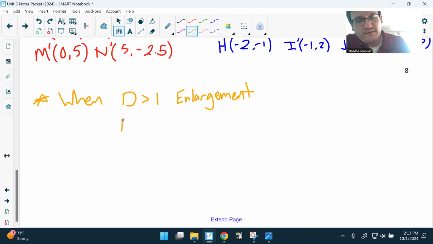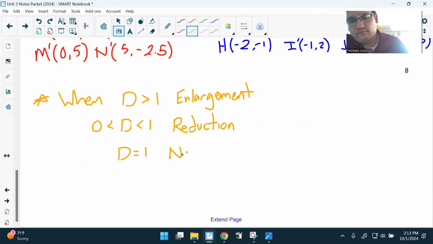If the dilation is less than 1, but bigger than 0, so our scale factors need to be positive, we call this a reduction. And if the scale factor equals 1, then there's no change. It doesn't get bigger, it doesn't get smaller. So that's the last thing I want to talk about there.